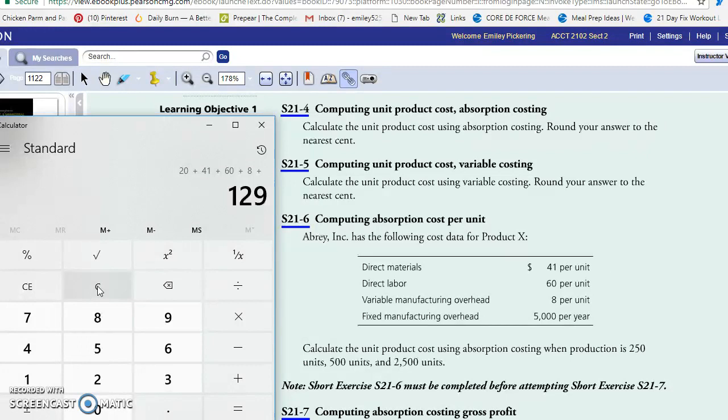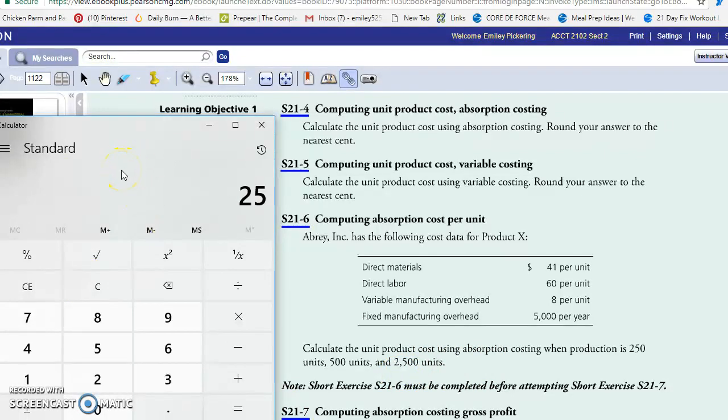Now, when I'm doing the 500 units, again, I'm going to take the 5,000, divided by 500 units. So now our fixed manufacturing overhead per unit is $10. And again, I'm going to add the direct material, direct labor, and variable overhead. So it's 119.